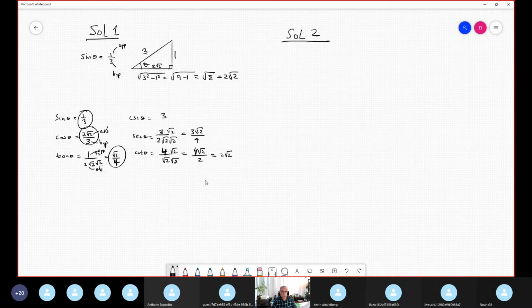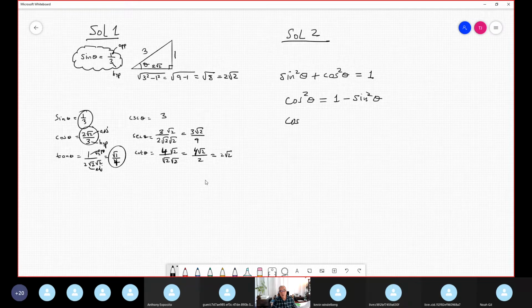I know one famous identity that says sine squared theta plus cosine squared theta equals 1. You have in your hand at the beginning the given sine. Suppose I need to find cosine. So cosine squared theta is equal to 1 minus sine squared theta.